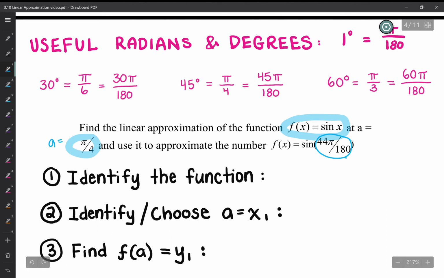That 44 pi over 180 is the x we will eventually substitute in. Notice that it is very close to that 45 pi over 180, which is the pi over 4 that we're using for a.